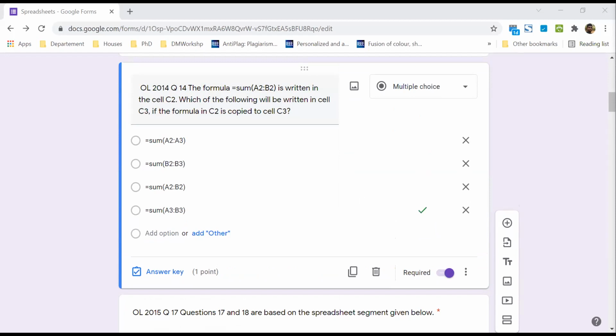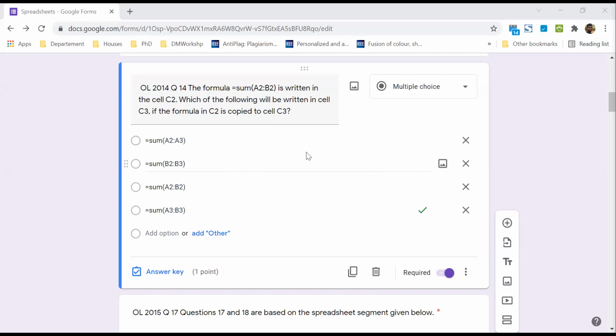Which of the following will be written in cell C3 if C2 is copied to C3? One row you go down, which means you have to increase a row by 1. So that means answer should be equal sum A3 and B3.